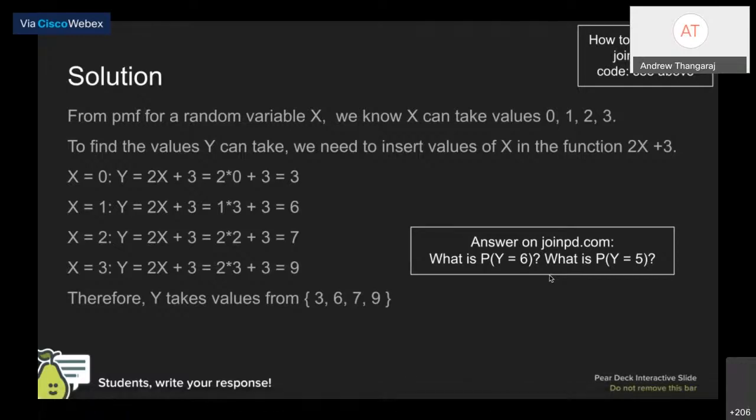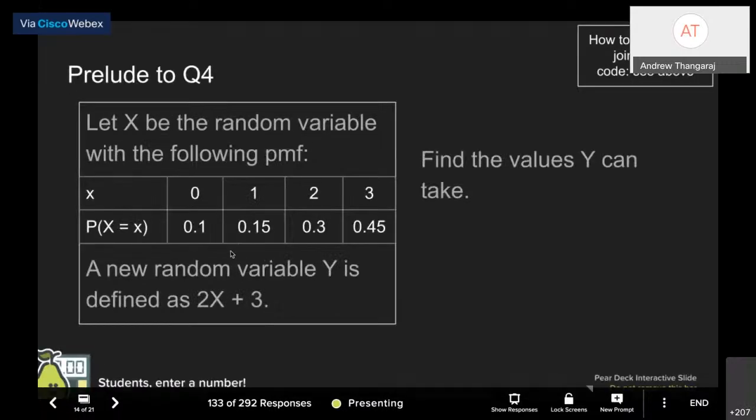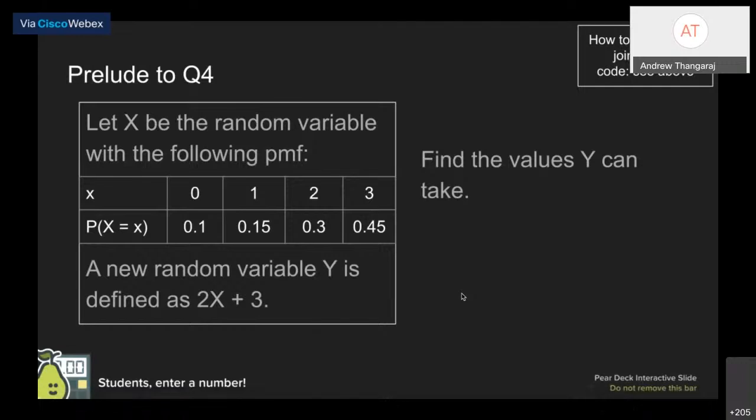If I tell you what's the probability of x equal to 0, x equal to 1, you know how to answer. Well, if I give you the probability that y equals 5 or y equals 6, how will you go about answering that? I can go to the previous slide. You can copy down the PMF if you like. It's 0.1, 0.15, 0.3, 0.45.